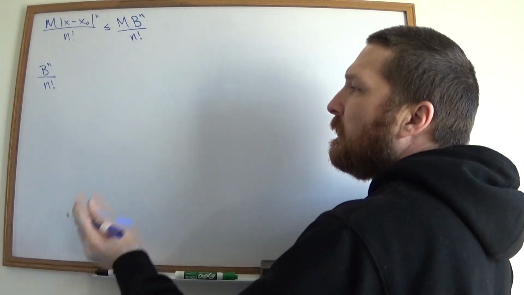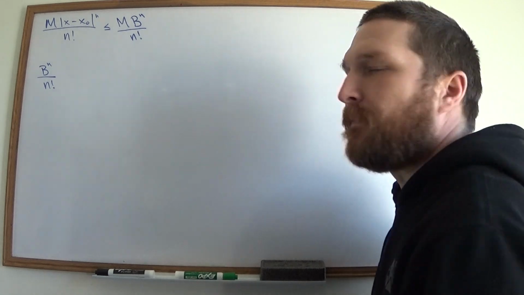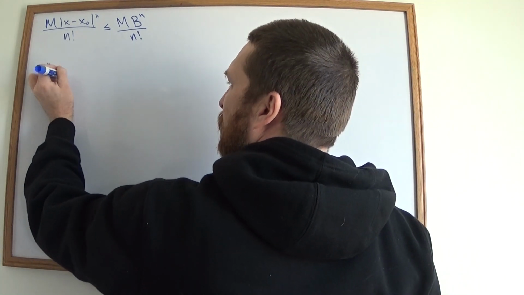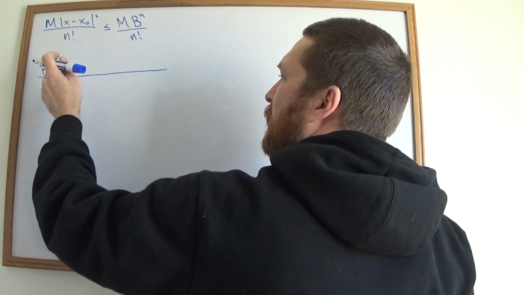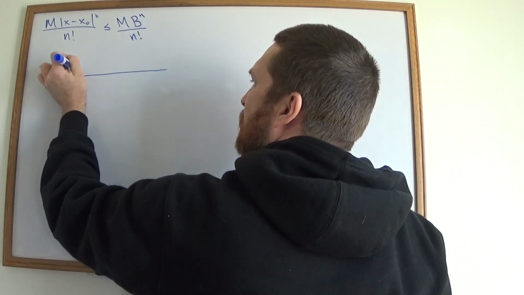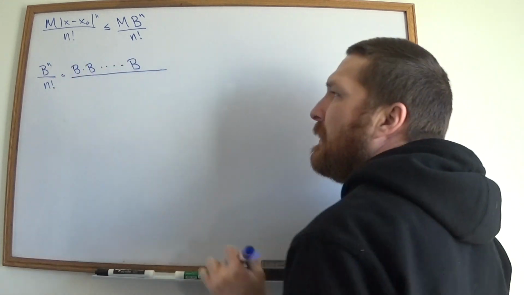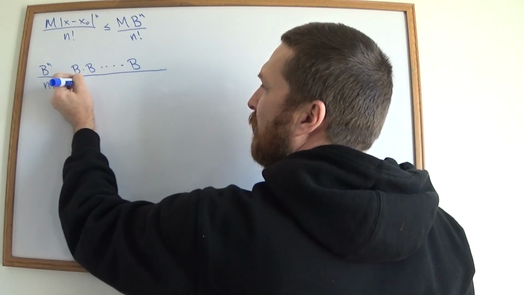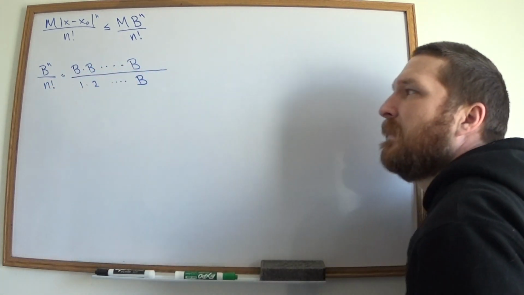Okay, now let's just see what happens when n is equal to b. Well, on the top you have b times b times b times b. How many times? Well, I guess b times. And on the bottom you have 1 times 2 all the way up to b.